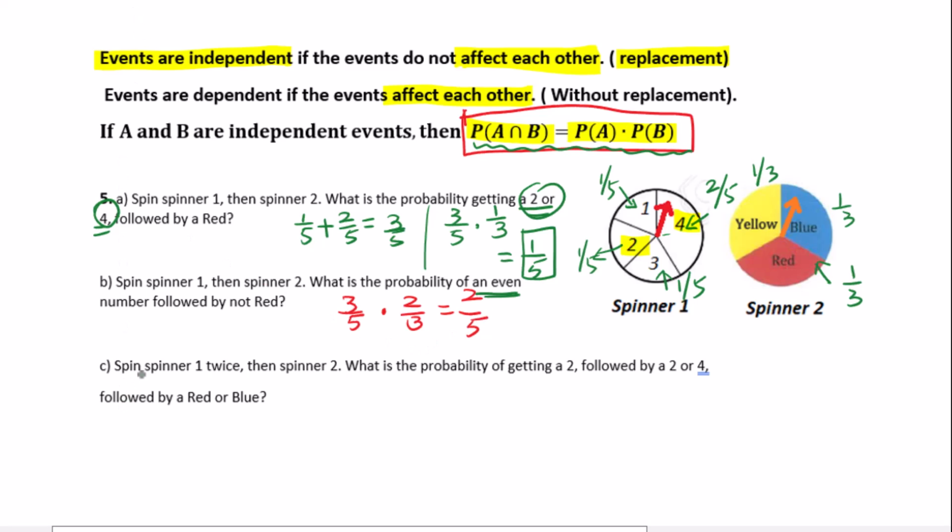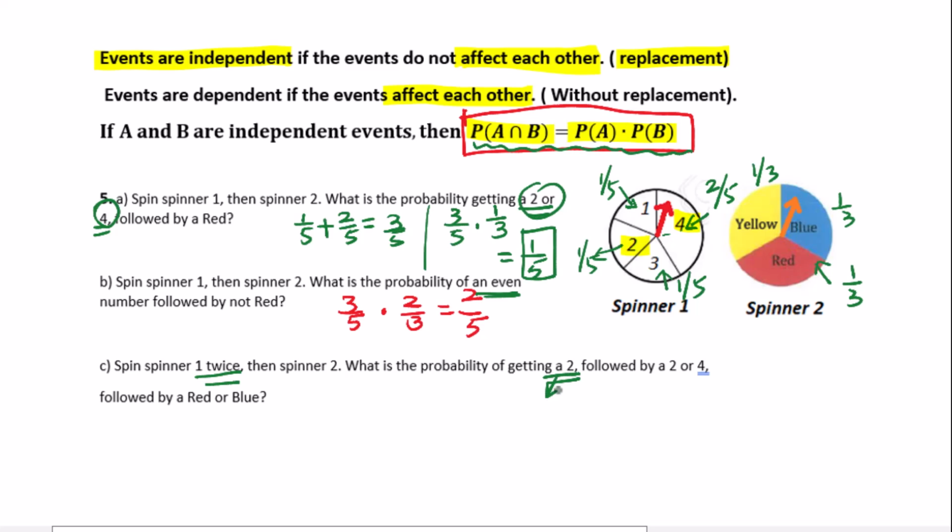For C, spinner 1 twice, then spinner 2. What's the probability of getting a 2, followed by 2 or 4, followed by a red or blue?